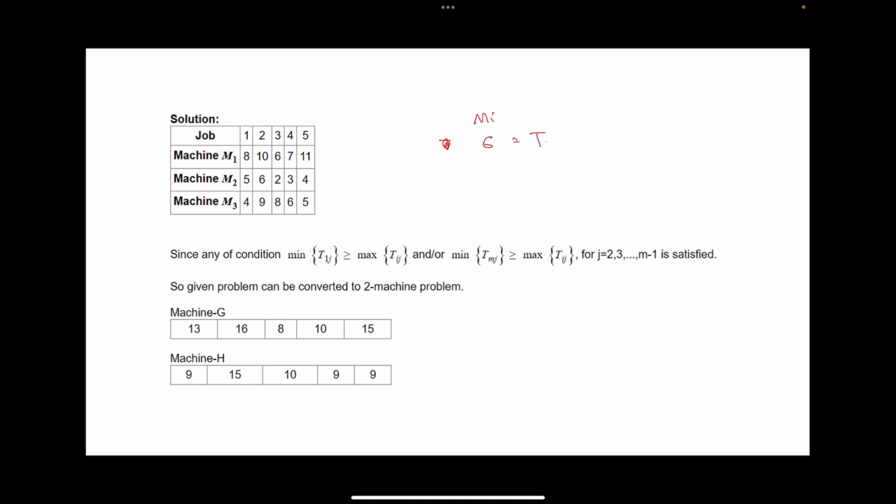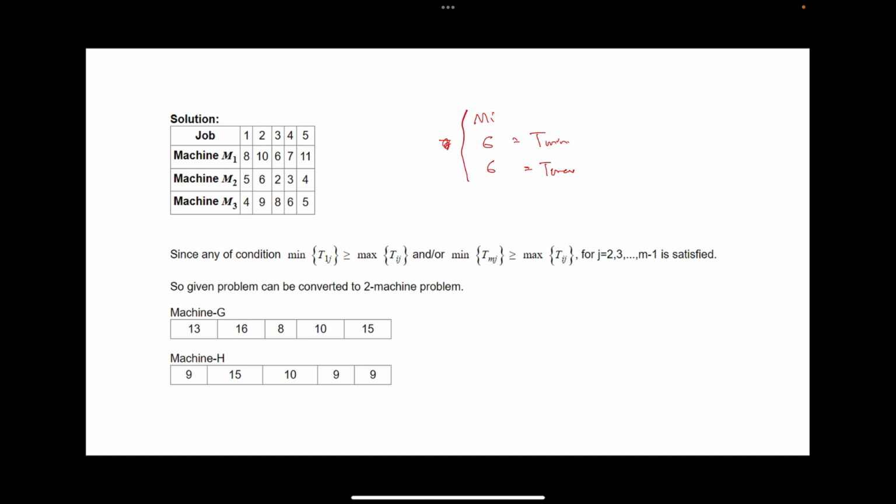This is the T minimum. And for machine 2, the T maximum is 6. We are not considering machine 1 here, so we are making a simplification.